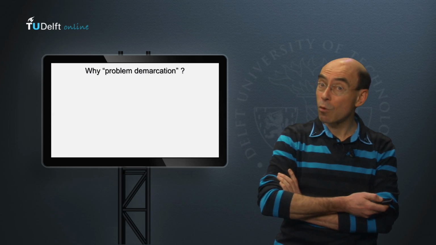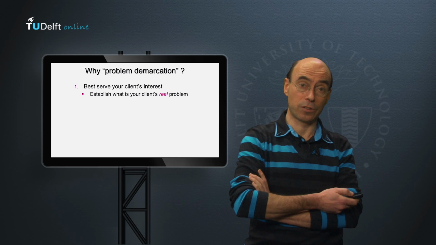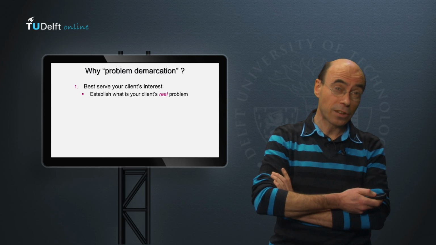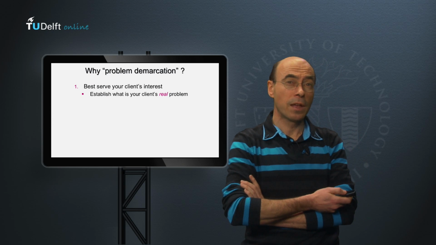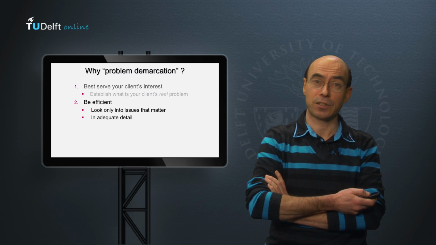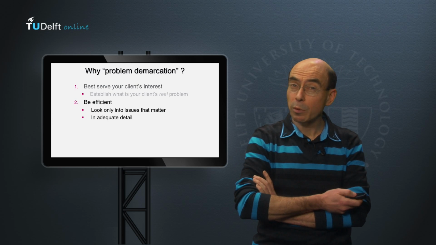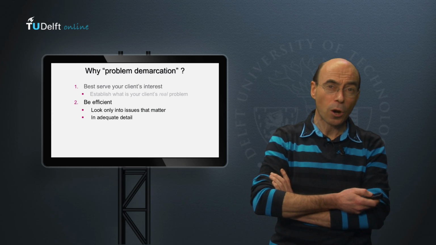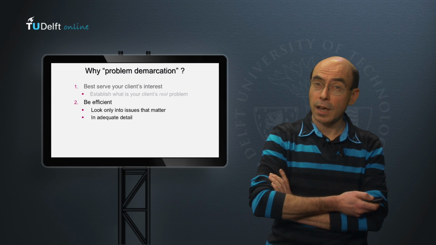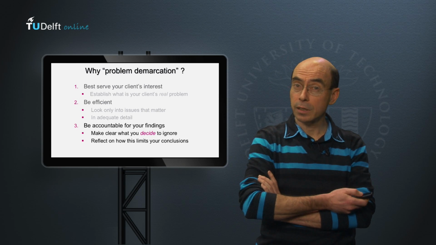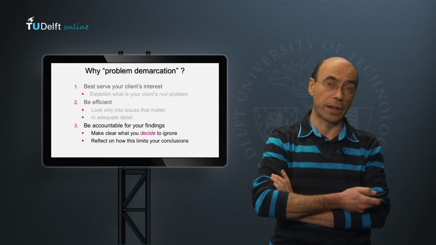Let's first motivate why problem demarcation is important. First and foremost, it is in your client's interest that you establish what is the problem that is most relevant to analyze. Secondly, it helps you to be efficient. A good problem demarcation makes that you will look only into issues that matter and that you do your analysis in adequate detail. Thirdly, it helps you to be accountable for your findings.